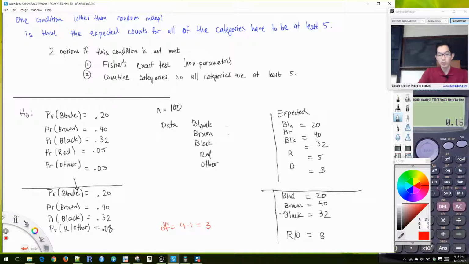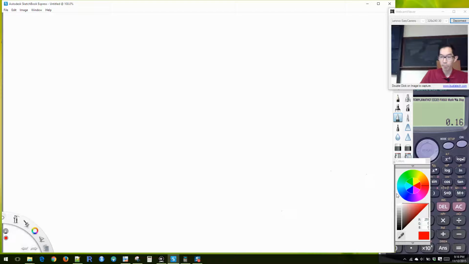No? Okay. We'll do one example where we have a directional alternative. And this will be chi-squared goodness of fit.